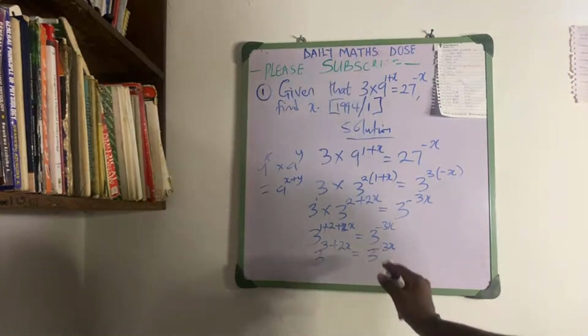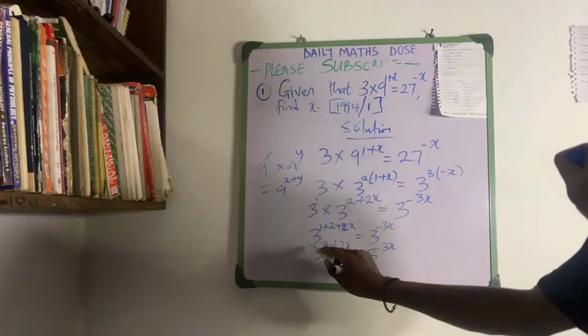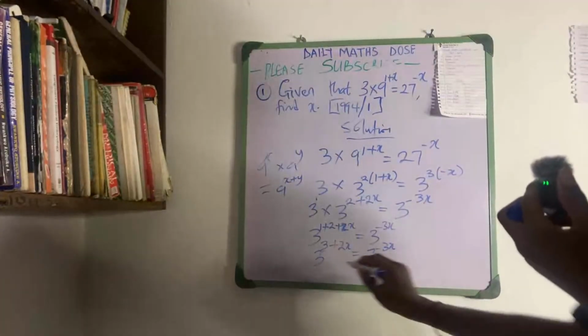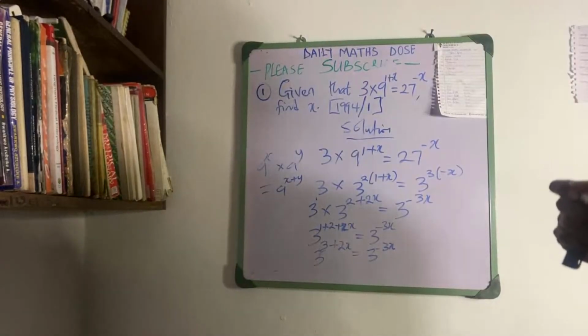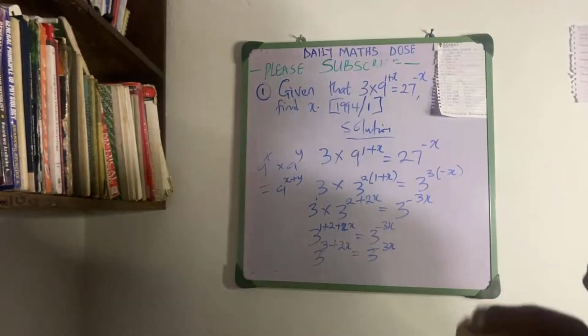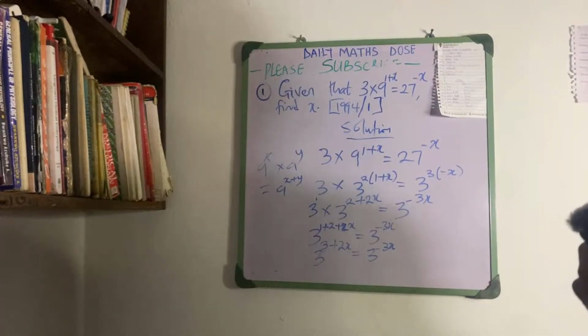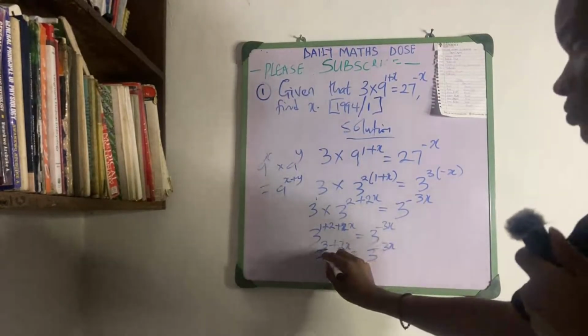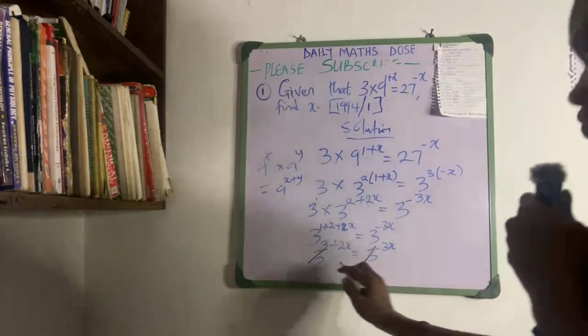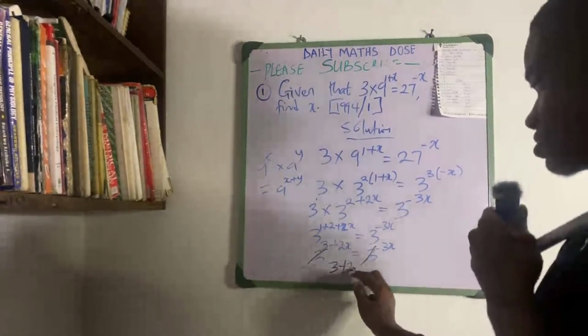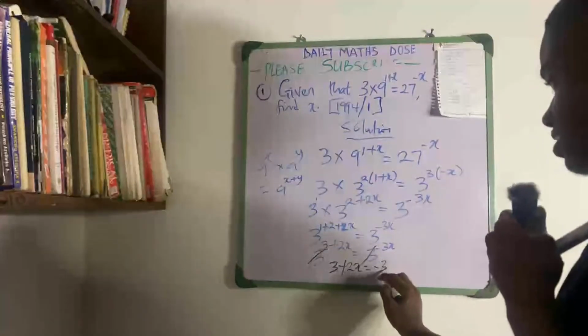Since we have the same base on each side, we can just cancel out the bases, since they are the same. So we can equate their powers. We have 3 plus 2x is equal to minus 3x.